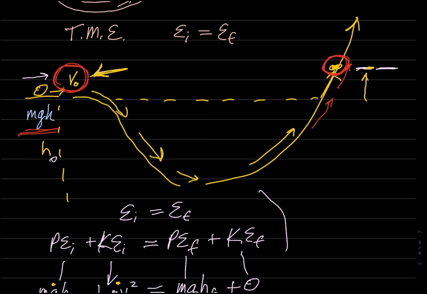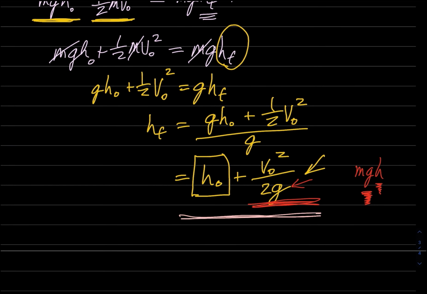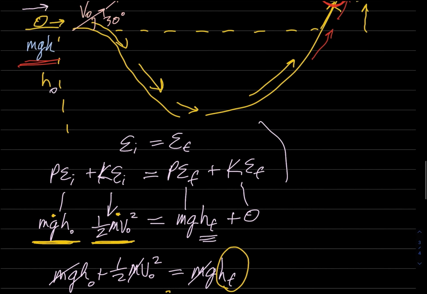Now what else? What if we had the same basic problem, but the mass was launched with a speed of v sub naught at an angle this way, say a 30-degree angle? Will that change the height? Well, the angle didn't show up in the final equation, so the angle doesn't matter.